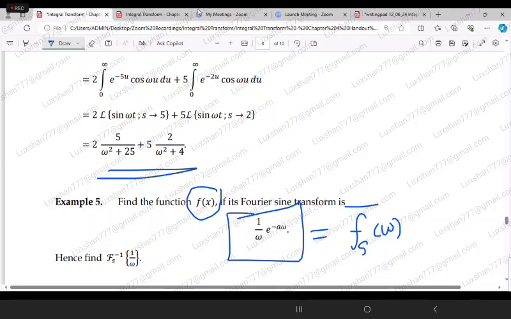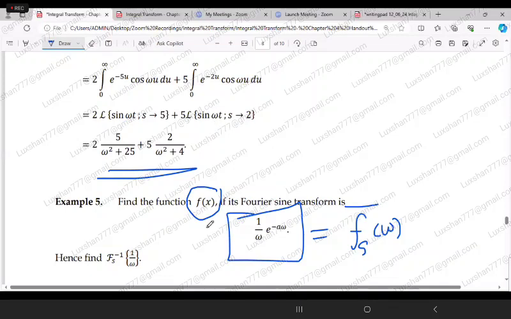Here we are given the Fourier sine transform of a function. We are asked to find the function. So actually what we want to find in terms of subject? Tell me what we want to find actually. I am asking for the word.